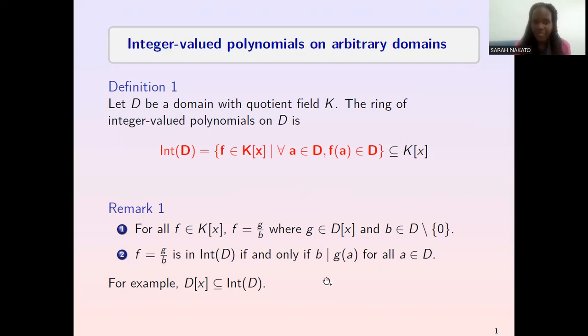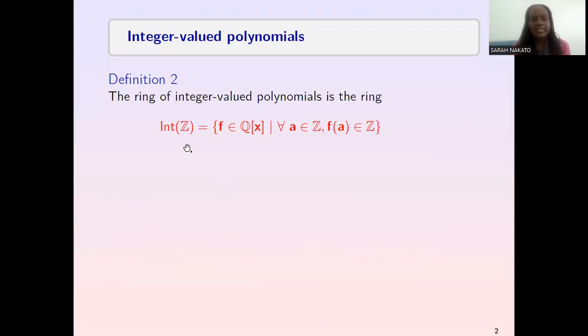It's an arbitrary domain. For example, when we have Int(Z), we also have examples in that case and also for any arbitrary ring. But then Int(Z) is very special. That's why I'm highlighting it. And whenever we say integer valued polynomials without mentioning the domain, we are referring to integer valued polynomials on Z, because it was the first one to study.